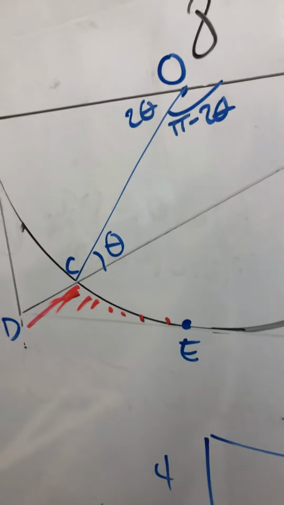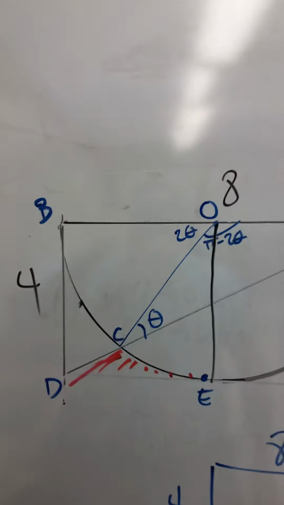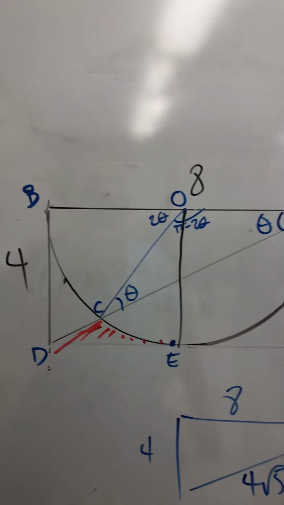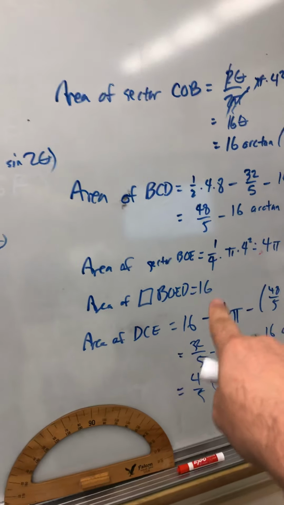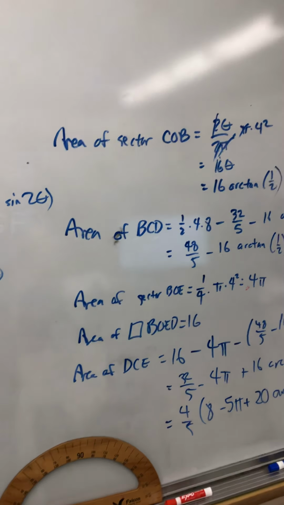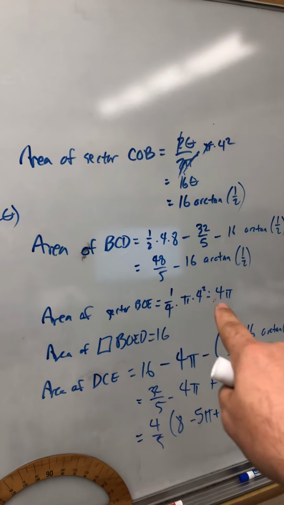And now we take another perspective and we think of this as a square. And to find the red area, we just have to take the square minus this quarter circle minus that piece. That's pretty straightforward. The area of the square is 16. The area of the quarter circle is 1/4 the area of the circle, so 4 pi.